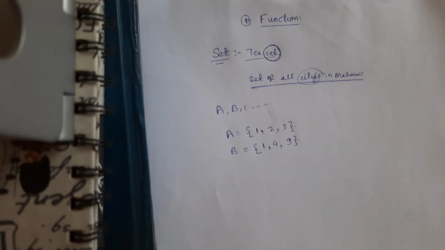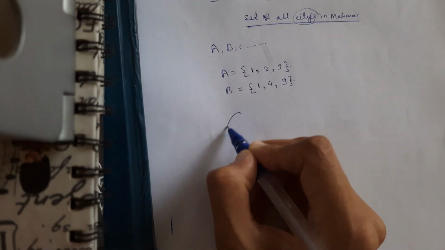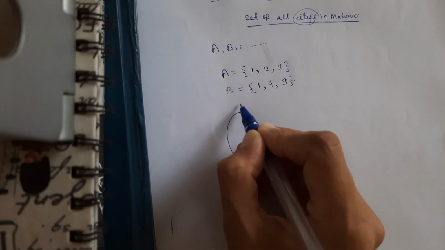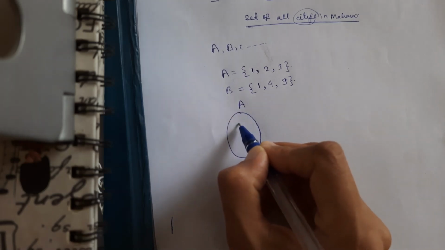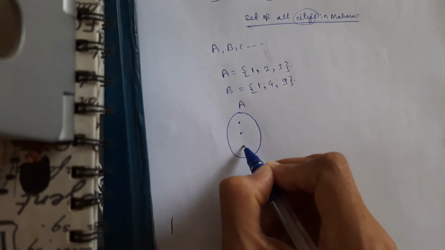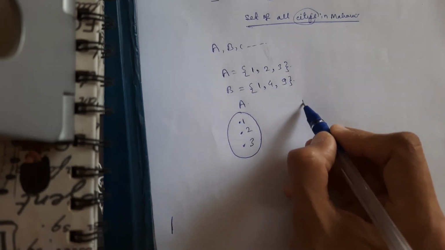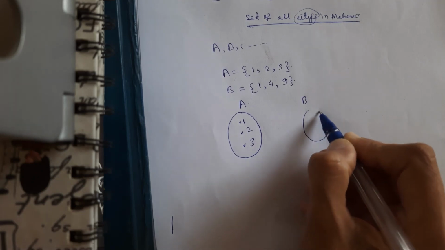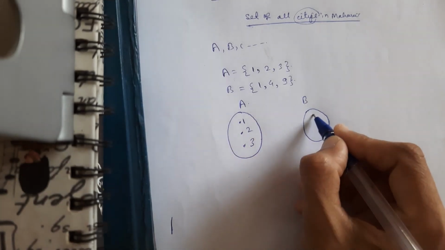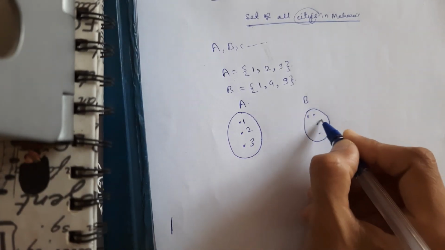Now I can represent this with a Venn diagram. A has 3 elements: 1, 2, 3. And B is the second set: 1, 4, 9.